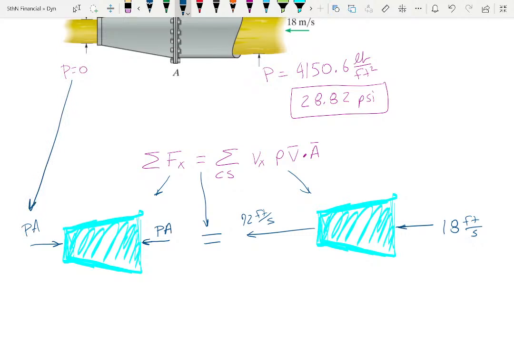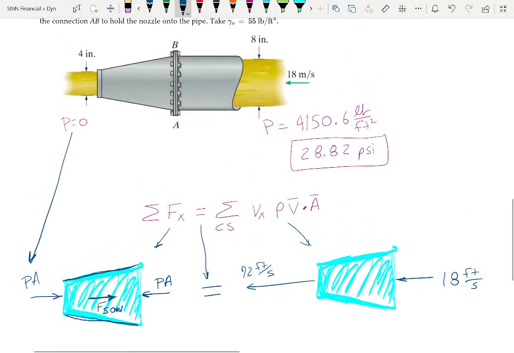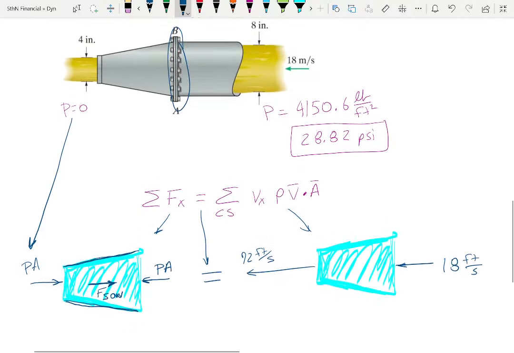Now, the next thing you got is the metal jacket is holding this edge so that it doesn't blow up into space, so to speak. So you've actually got a force of the steel on the water. Kind of a weird way of saying it. And that's what is transferred back up to these bolts.